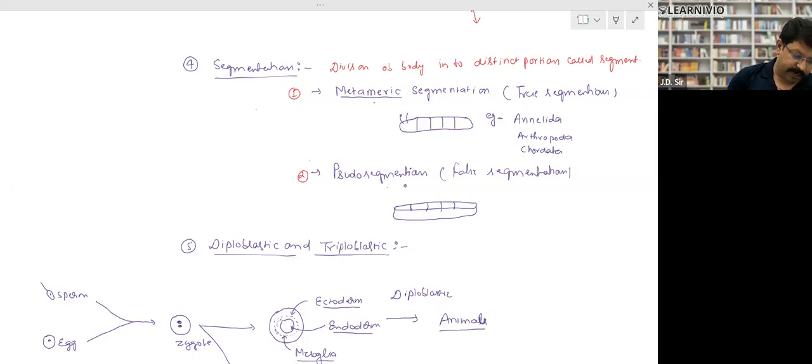It is found in tapeworm. Example is tapeworm. Tapeworm is a member of Platyhelminthes.